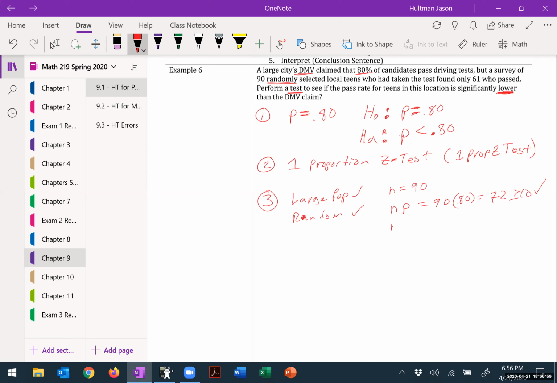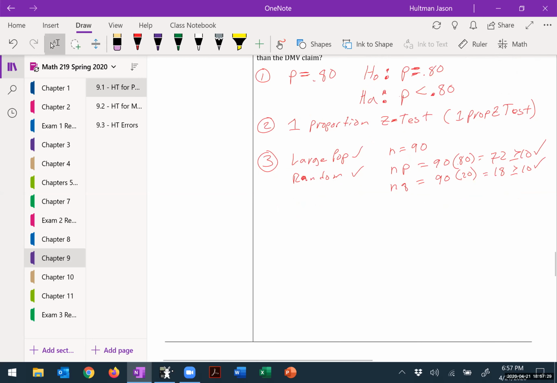What's nq? nq is 90 times the complement of 80%. Well, that's 20%. So if 80% passed, then 20% failed. And this equals 18, which is again greater than or equal to 10. So good, the requirements are met. Nice. Otherwise we could not go on to the next step.